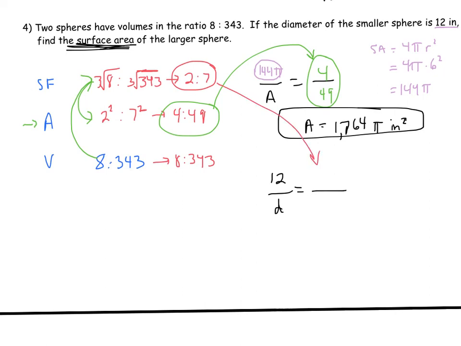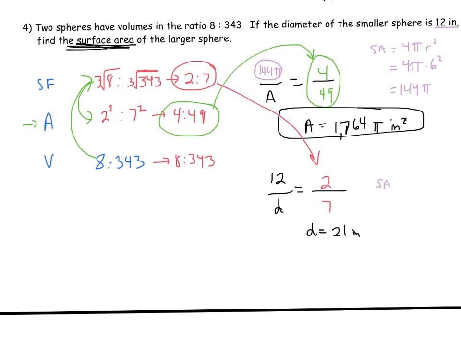Diameter is a scale factor measurement in my proportion. So that would have given me, cross multiplying, 2D equals 7 times 12, which is 84. Dividing, I would have gotten a diameter measurement of 21, of course, inches. And from here, then I would have gone ahead and done my surface area calculation.